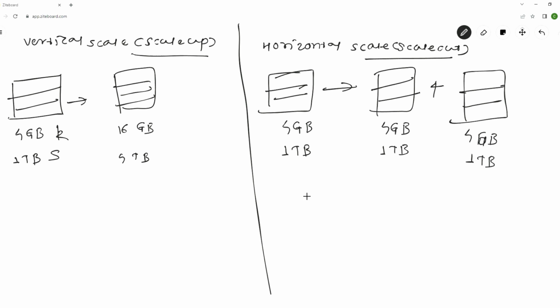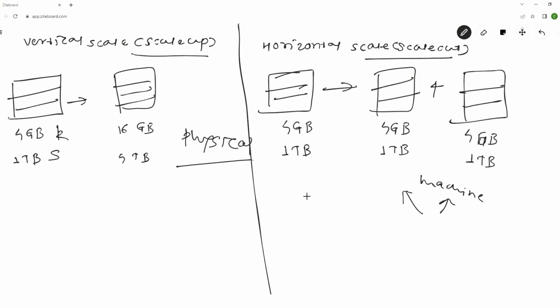And in the horizontal scale, instead of increasing the RAM and the resources of a single server, we are increasing the machines themselves. So we are distributing the data on different machines, so we can increase the machines as many as we want. There is no limit, but for the vertical scale there is one physical limit up to which we can increase the RAM or the storage of that server.